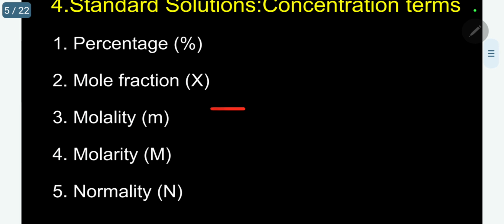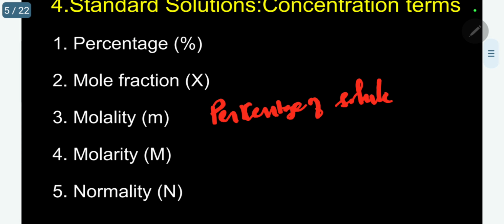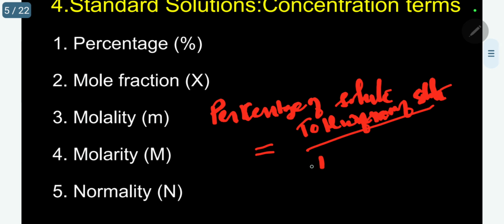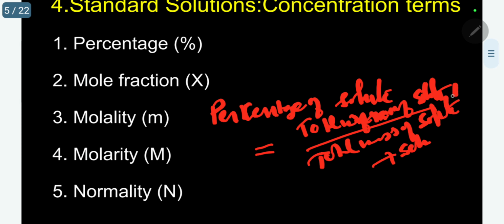So let me write here clearly. Percentage of solute is equal to the mass of solute divided by the total mass of solute and solvent, into 100.